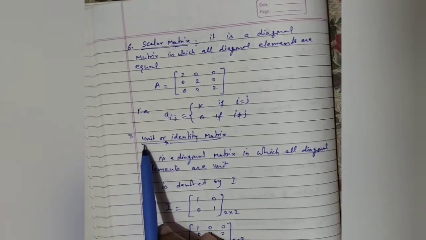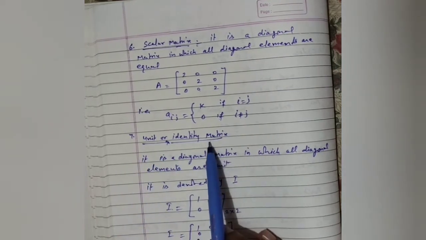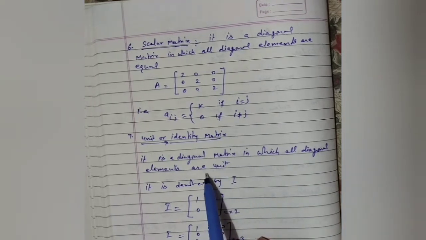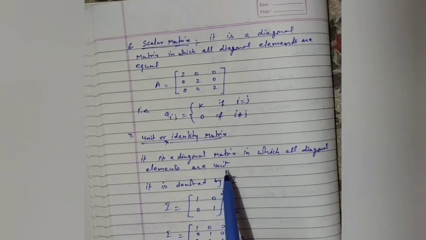Number 7, unit or identity matrix. It is also a diagonal matrix in which all diagonal elements are unit, meaning 1.